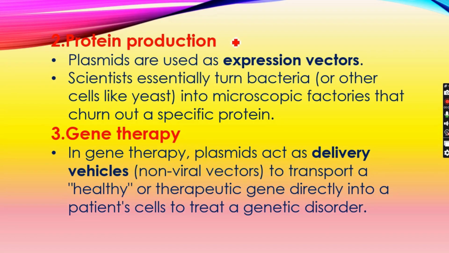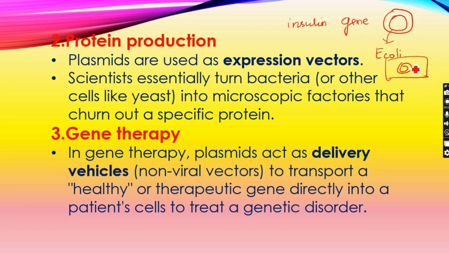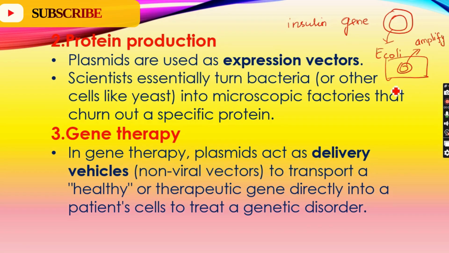Next, we are going to see another important function, that is protein production. As we said before, a gene of interest is introduced into the plasmid and it can produce more clones of the gene. If a gene like the insulin gene is integrated into the plasmid, it can be introduced into bacterial cells, which leads to amplification of the gene.